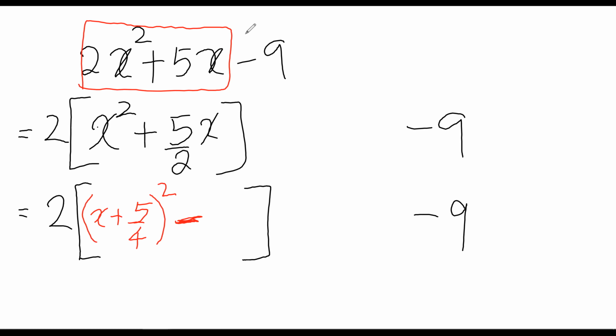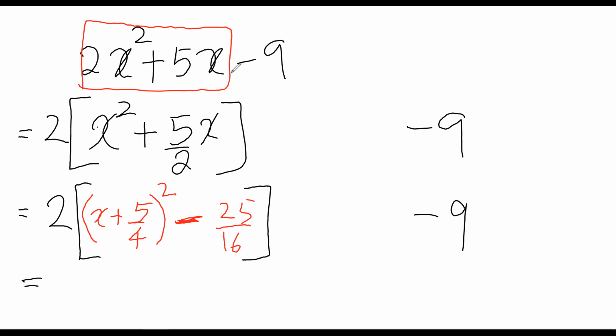That little piece here in the corner is 5 quarters by 5 quarters. So the square of 5 by 4 is 25 over 16. Done. You have done the completing square part. Now let's clean this up.